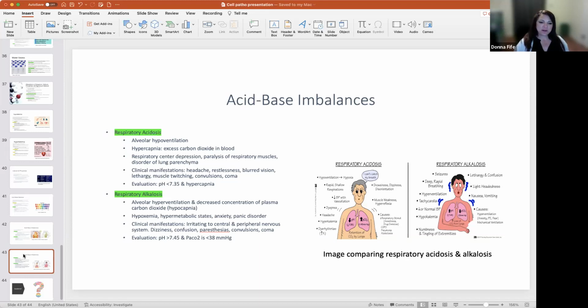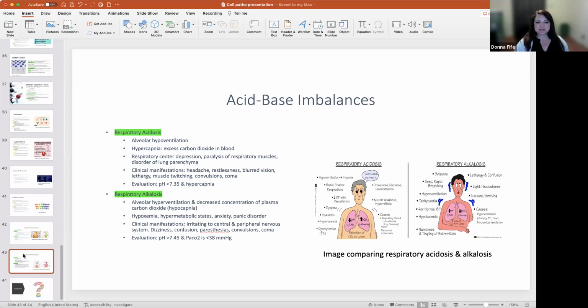Now with respiratory alkalosis, there's alveolar hyperventilation and decreased concentration of plasma carbon dioxide. So there's hypocapnia. Hypoxemia, hypermetabolic states, anxiety, and panic disorder can all lead to respiratory alkalosis. Clinical manifestations: irritation to the central and peripheral nervous system.